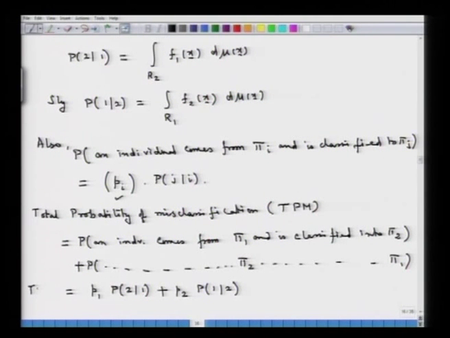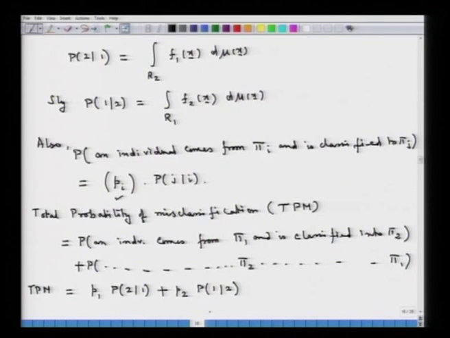So this is our total probability of misclassification, which is of importance, because when we are looking at finding out an optimal classification rule, one looks at one partition R1 R2 of the sample space which would lead us to one that minimizes this total probability of misclassification.